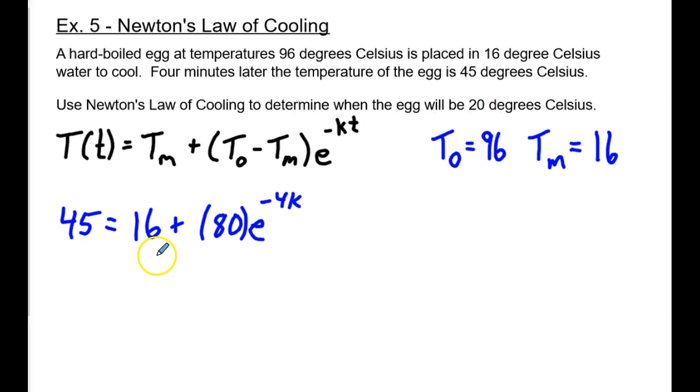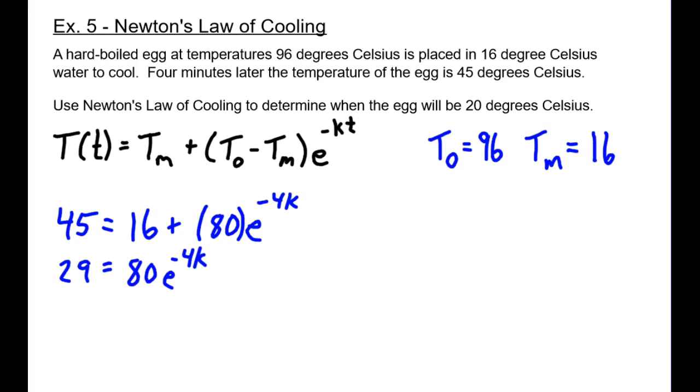So now if we simplify, try to get this isolated by itself, subtract 16 to the other side, so you'd have 29 equal to 80 e to the negative 4 times k. Next, we would divide both sides by 80, so you get 29 over 80 equal to e raised to the negative 4 times k.